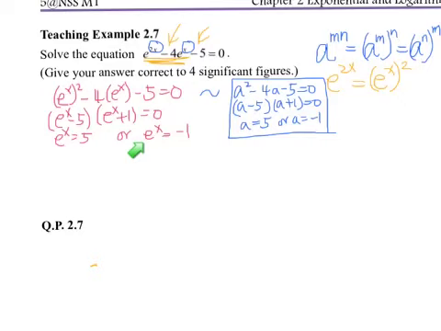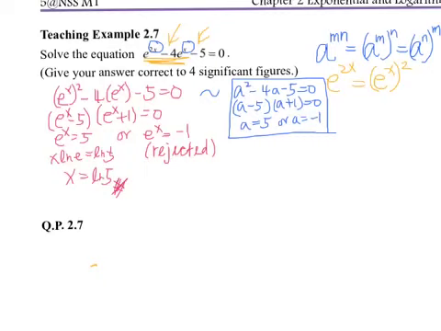So a positive value, can you change it to something negative? It's impossible, right? So we reject it. And then this one, that means x ln e equals ln 5. So x equals ln 5. So the answer is ln 5. Sorry, it's correct to 4 significant figures.